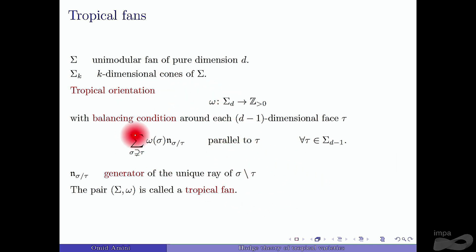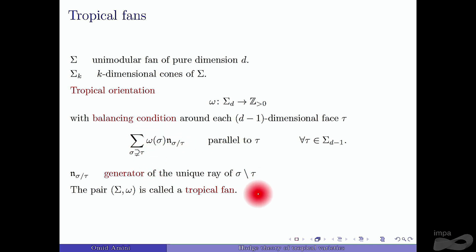And this balancing condition is exactly what I told you: if you take a d minus one dimensional cone tau and look at all the d-dimensional cones sigma which contain it, there is a vector n sigma tau which generates the unique ray of sigma which is not in tau. Then you take the weighted sum of these generators, with weights given by the weight omega of that cone.